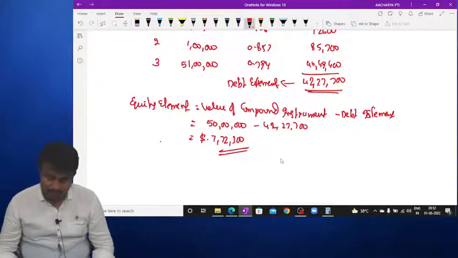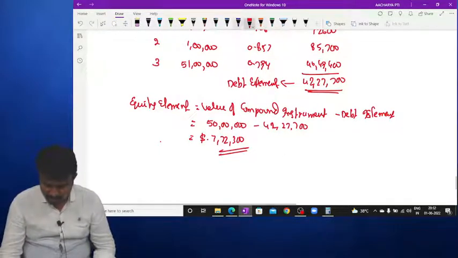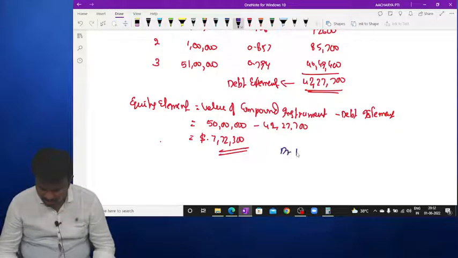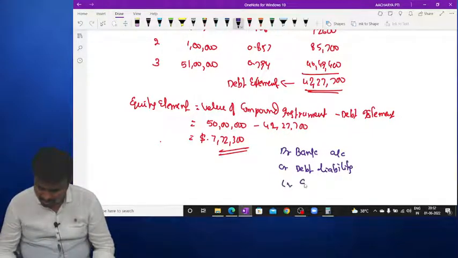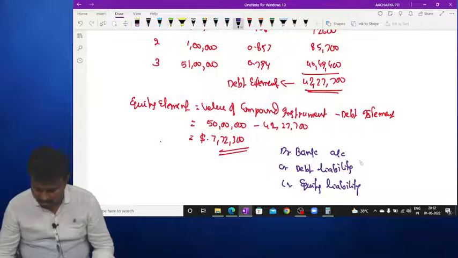So first we receive the amount, right? Then while receiving, the entry is: debit bank account, credit debt liability, and credit equity account.